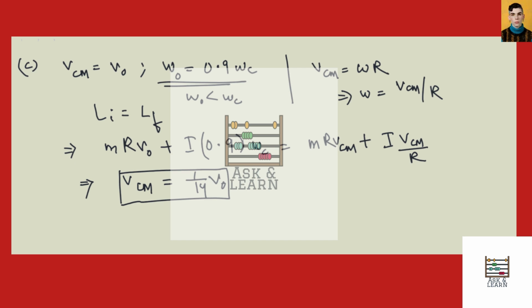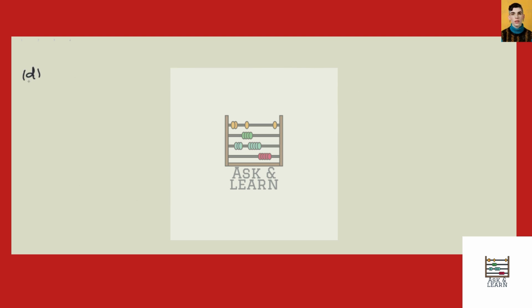Now for the last part, again the angular momentum is conserved, so we write this relation, and for the initial motion we have velocity of center of mass to be equal to v naught, and omega naught is now greater by a factor of 1.1.